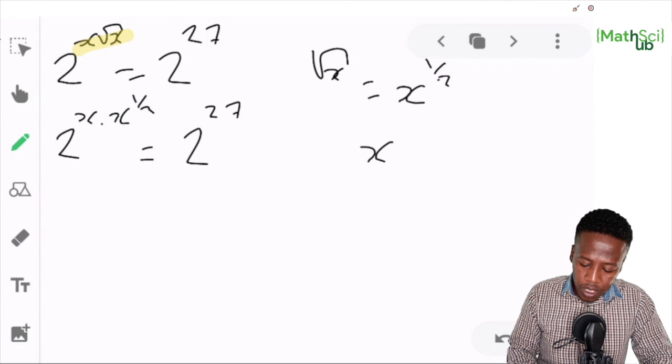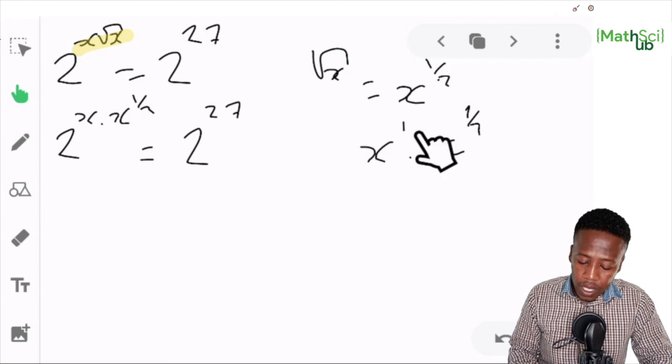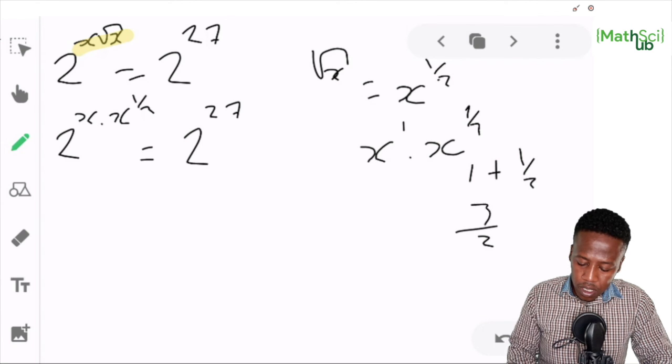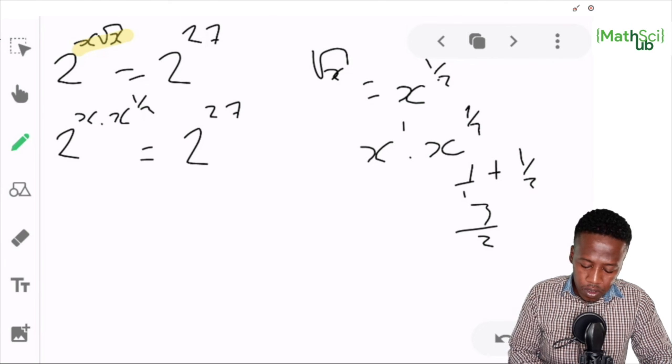Let me write it so that it's clear to you guys. x and a half, right? We have the same bases, we add our exponents, meaning you're going to add 1 plus a half, which is 3 over 2.